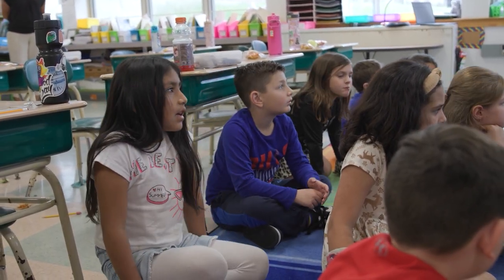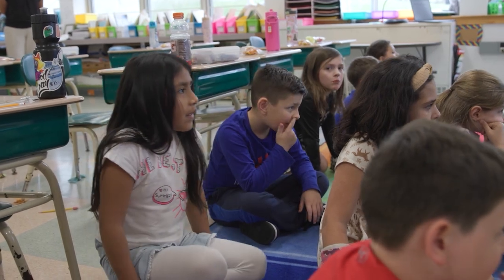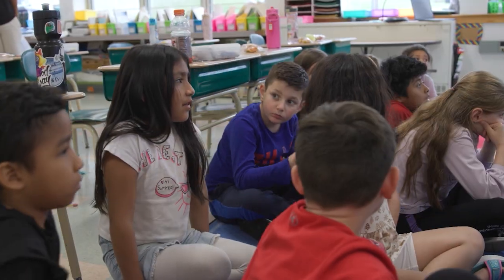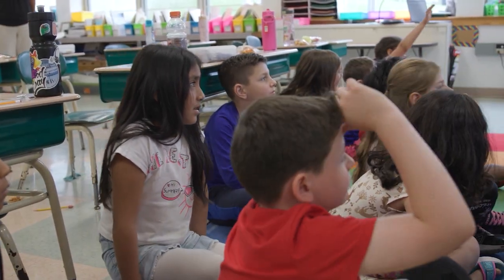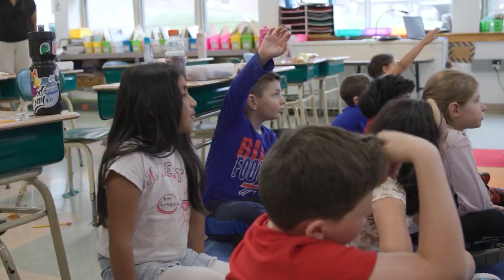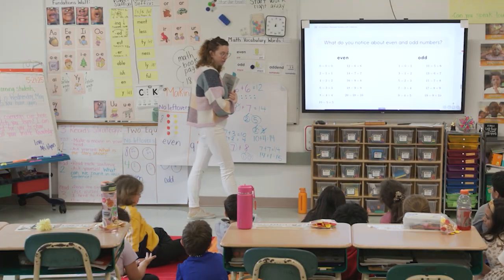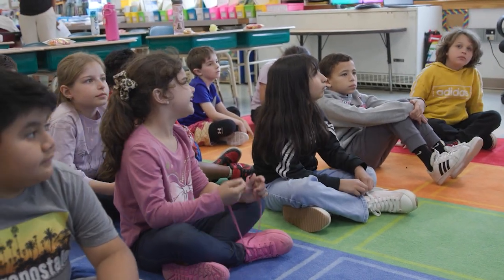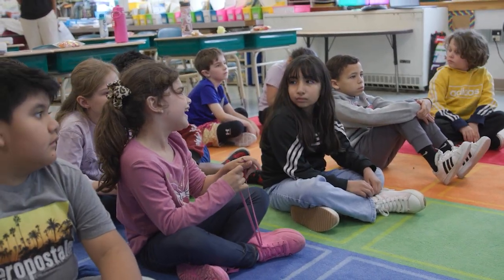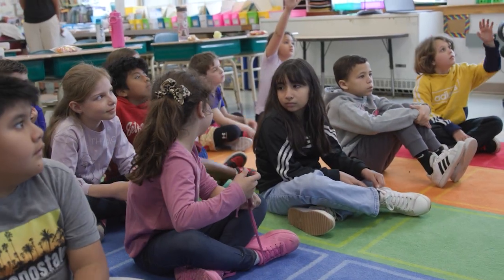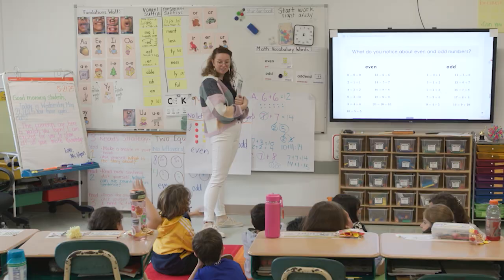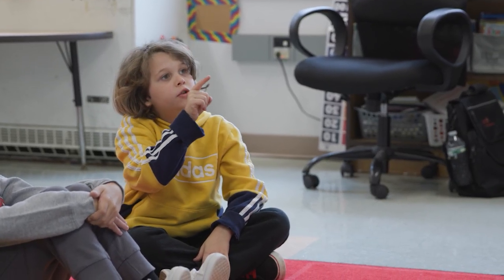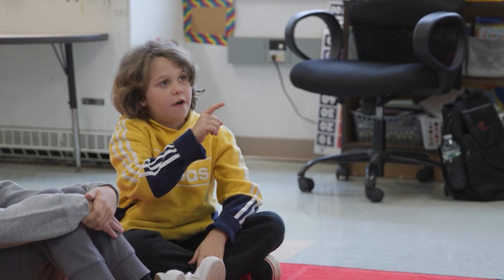They're both same numbers, like 1, 2, 3, 4, 5, 6. Great. Who can repeat what Helen just told us? Lena. She said that... I forgot. You forgot. Okay, who can help Lena out? Donovan. So in the even, it's basically it goes 0, 0, 1, 1, 2, 2, 3, 3, 4, 4, 5, 5.